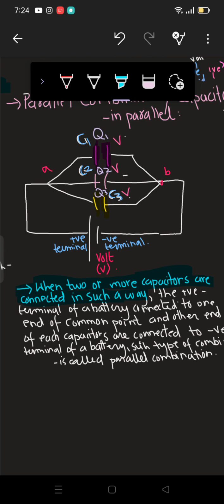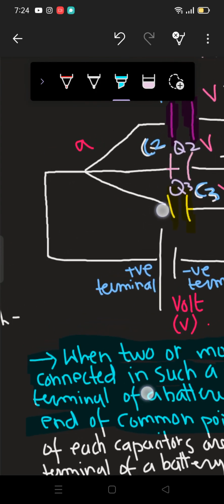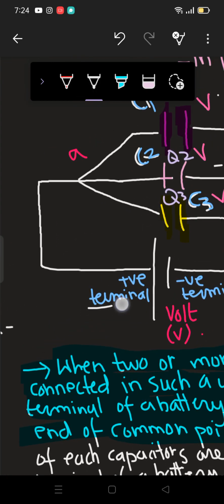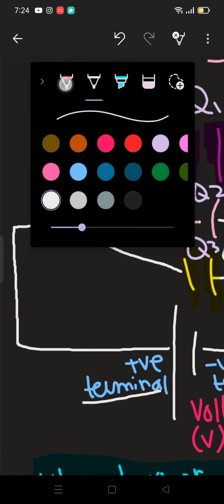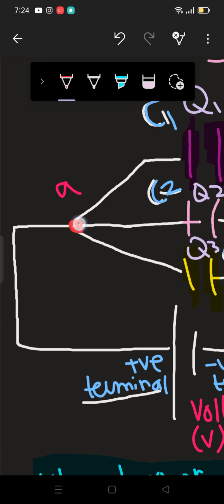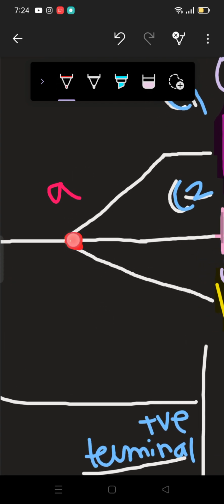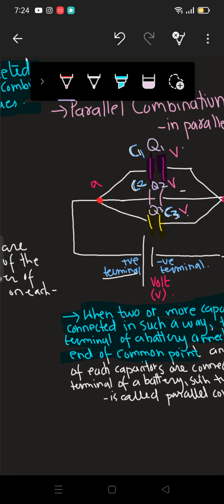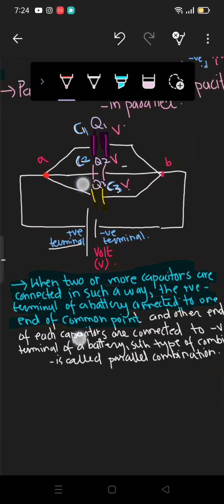When three capacitors are connected in such a way that the positive terminal of a battery is connected to one end of a common point. Now see, this positive terminal of the battery is connected here to one common end, which we have named A, right?